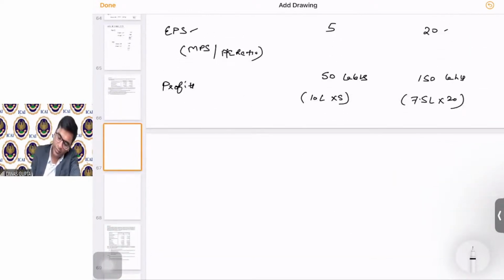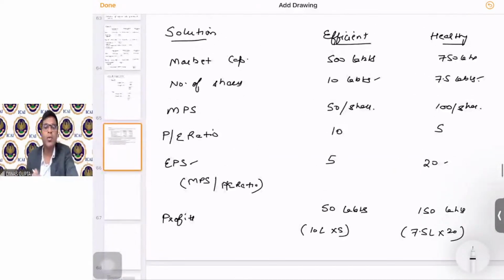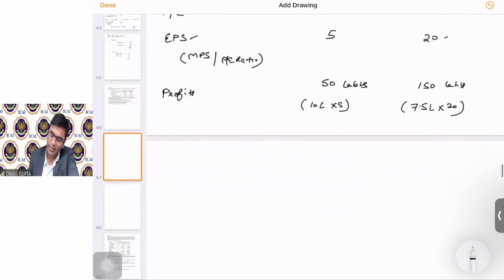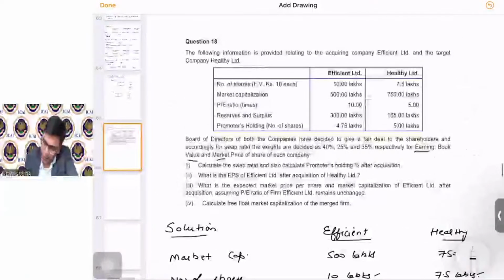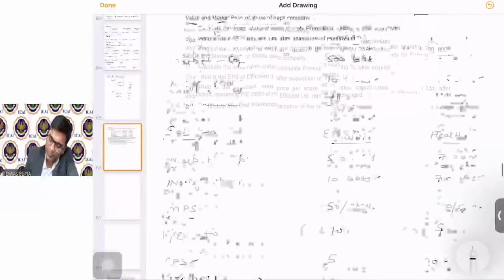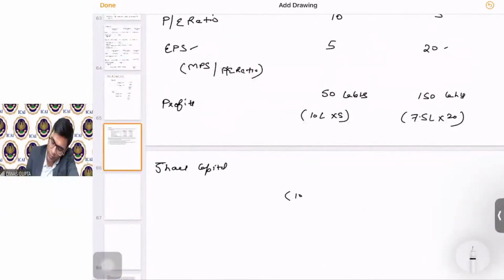Then MPS we have calculated, EPS we have calculated. We have to now calculate the book value, students. Before total book value, let's go to the share capital and reserves and surplus separately. Share capital is 10 lakhs into 10 rupees each, and 7.5 lakhs into 10 rupees each. So here it is 75 and here it is 100.